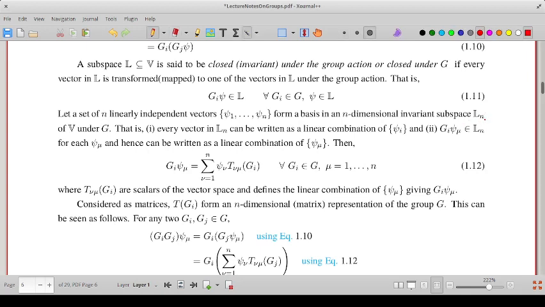So we will call it L subscript n. So Ln is an n-dimensional invariant subspace of the vector space V under the group action of G.